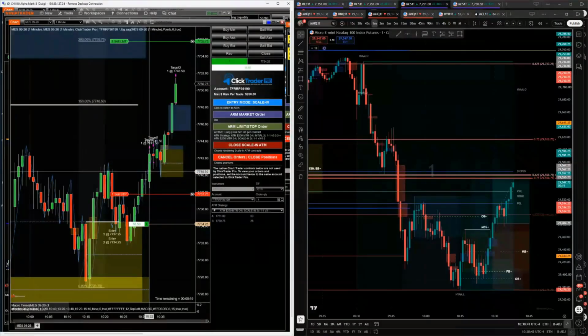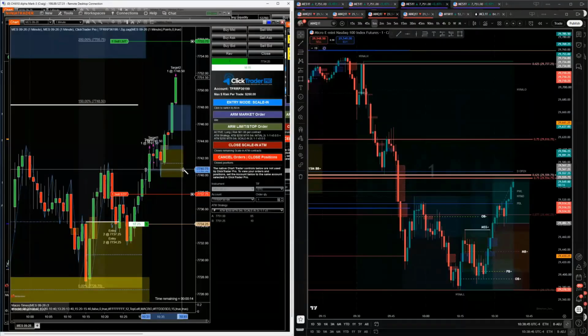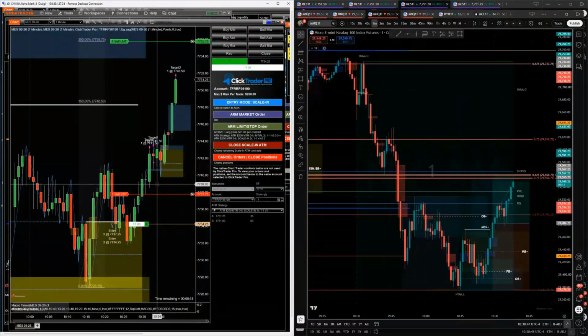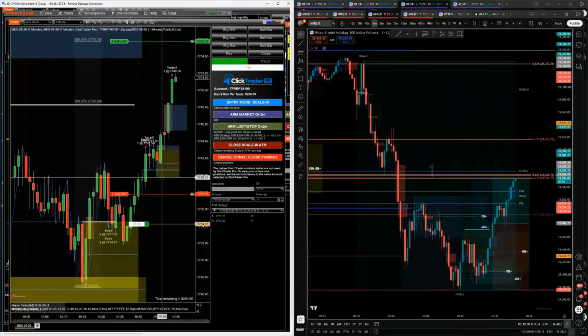You might even have a little one in there. Yeah, there's a little fair value gap right there as well. Just a little tiny one, right? So this is bar number one. So we get another fair value gap here. We'll have 1, 2, 3. We go to the low of the order block.